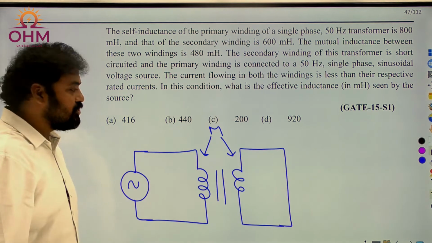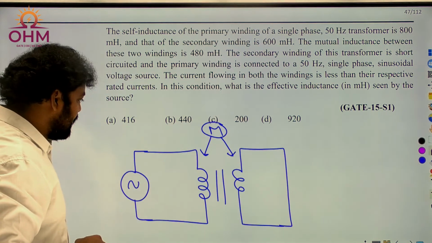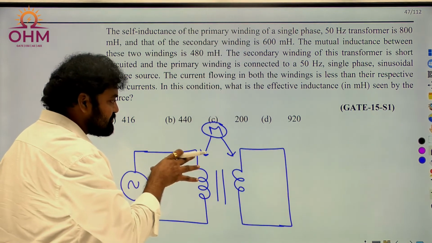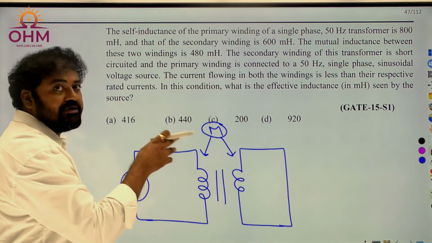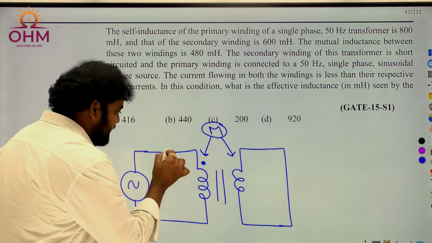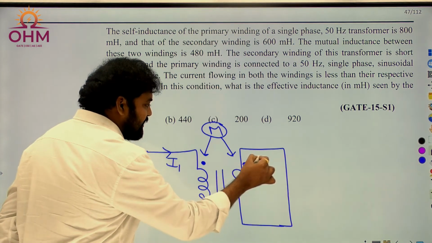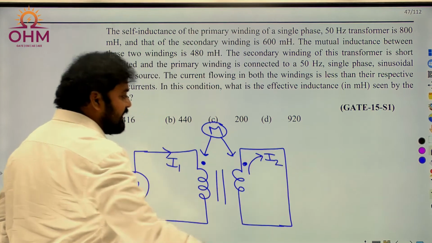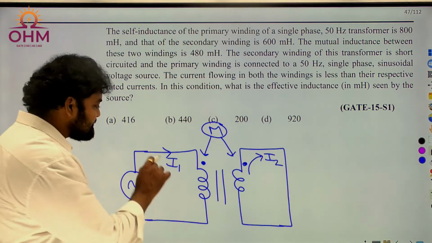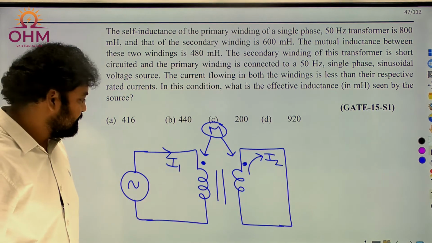Assume that mutual inductance is equal to M. Polarities are very important because we want to solve this question using the magnetic coupled circuits method. We know in a transformer, if current is entering the dot on the primary side, the secondary side current will always leave the dot, because a transformer is a negative magnetic coupling circuit. So primary side current entering the dot, secondary side current is leaving the dot.